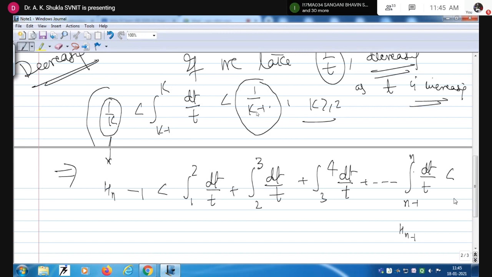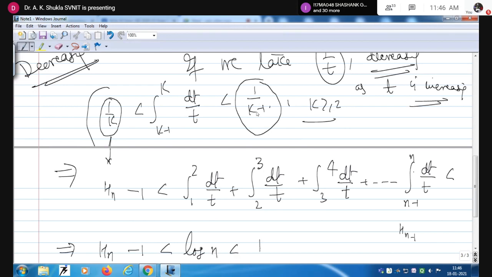Or finally, this becomes, so if it is h and this minus 1 is this. So what is the value of this? This is less than... value of this. This is log n.